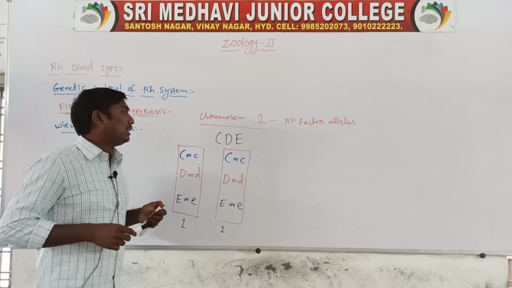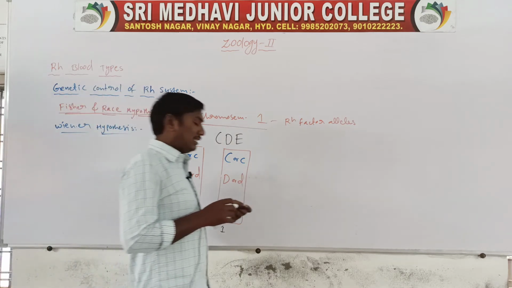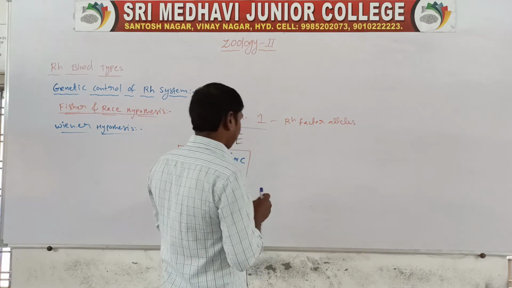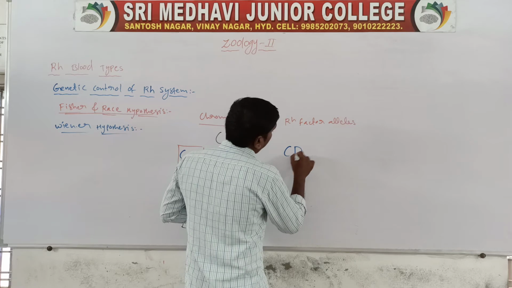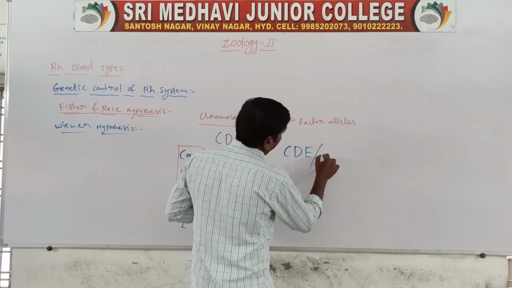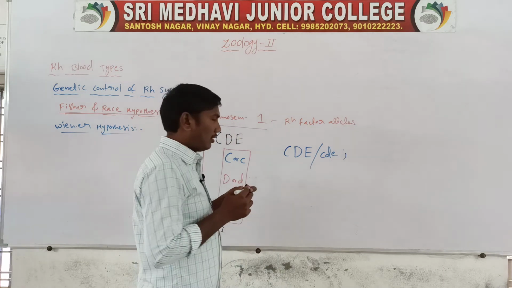So genotypically, there are different types of genotypes present on the Rh factors. For example, C, D, E or C, D, E. So that is one genotype.